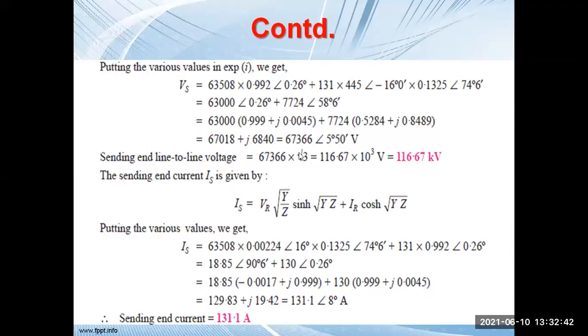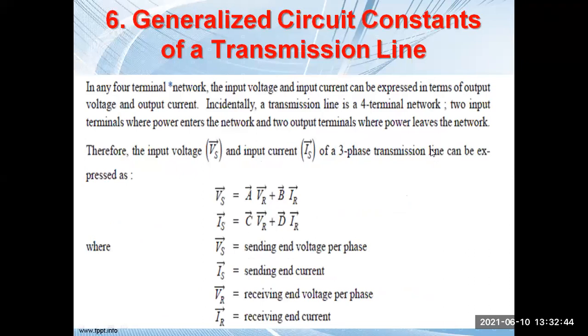Next, we'll start the new topic, that is generalized circuit constant of a transmission line. Now, I think you have studied the two-port network parameters in your circuit theory. In two-port parameters, there was a parameter called the ABCD parameter.